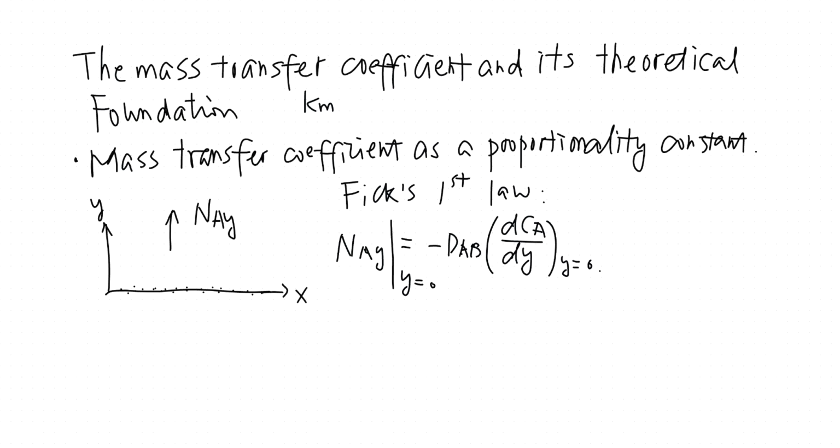In practice, the concentration gradient at the wall or anywhere is usually not known and is difficult to measure or predict. For this reason, people sometimes want to use an approximate but highly effective representation involving the mass transfer coefficient.